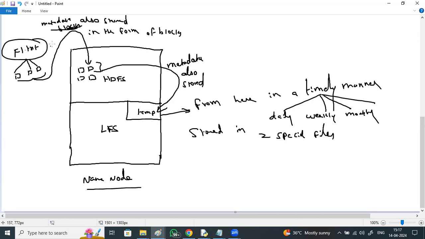Understand this metadata management: metadata is stored in the form of blocks within HDFS, and from there it is also stored in the temp folder of LFS. From the temp folder, it is copied in a timely manner into two special files.